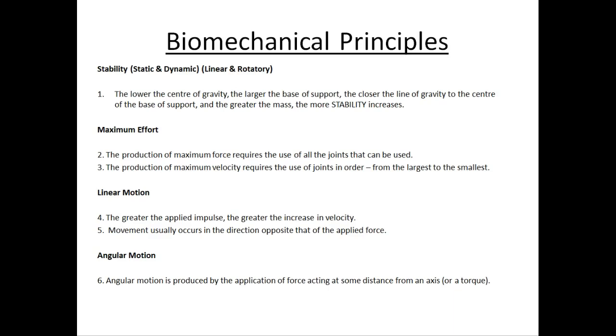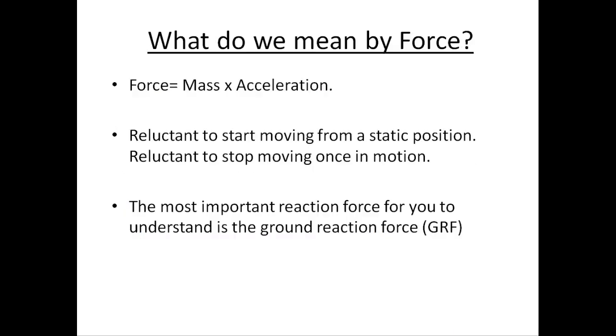Just imagine you're pushing something. Angular motion is produced by the application of force acting at some distance from an axis, creating torque. So what do we mean by force? Force equals the mass of an object times its acceleration. So objects are reluctant to start moving from a static position, and they're reluctant to stop moving once in motion.